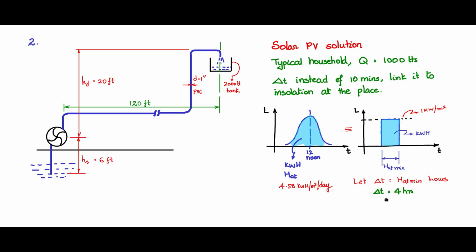So I know that in 4 hours time there is sufficient energy to provide 1000 liters and pump it into the tank. So I will have to accordingly rate my centrifugal pump and motor components. So let us see how much hydraulic power is required.